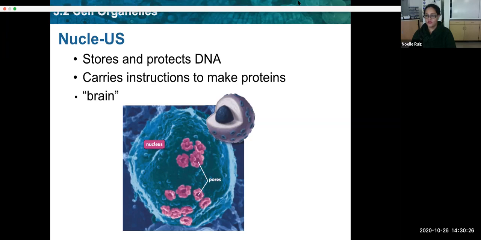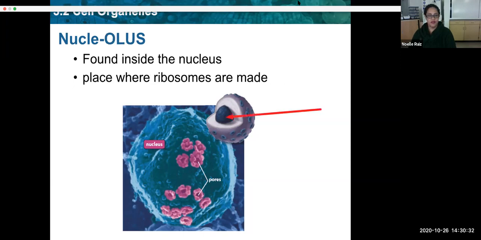And then you can also see if you crack open the nucleus, you have a little darker part inside. And that is the nucleolus. Found inside the nucleus, and it's the place where ribosomes are made. So in every picture of the cell that you guys will see, you will have to pick it out.